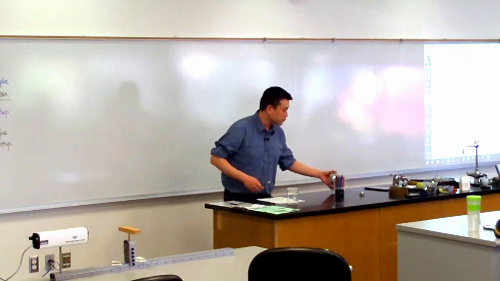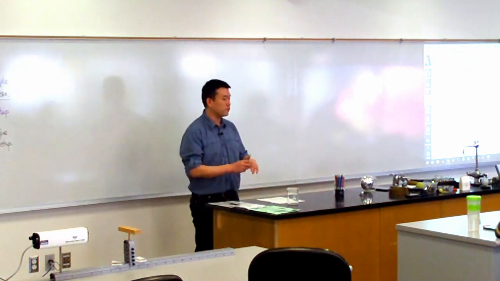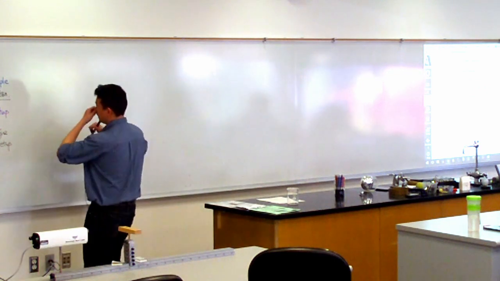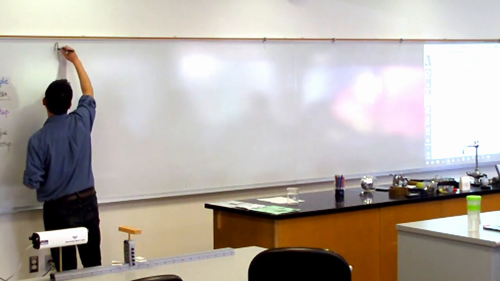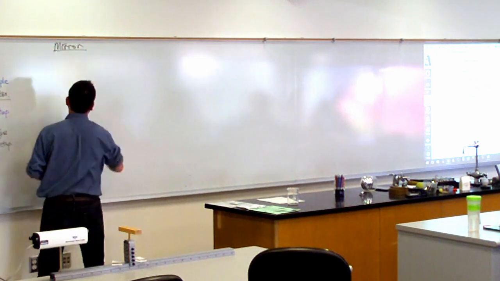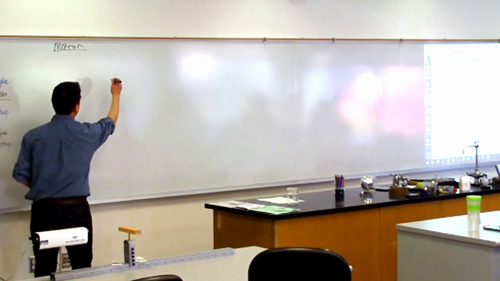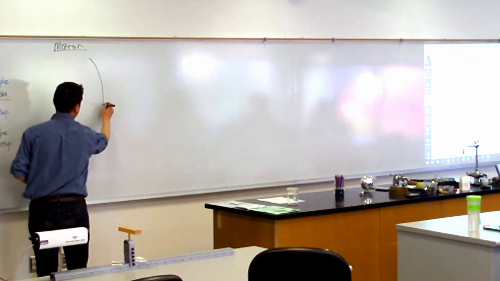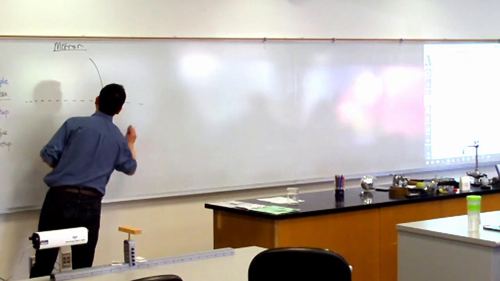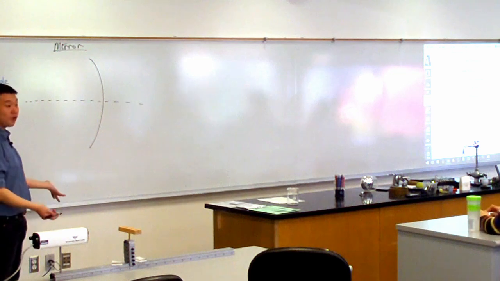So what we are going to do today is look at it from a little bit of a higher level. For example, when we have a mirror setup, let's say I have a curved mirror, and I'm going to assume that somehow I know where the focal point is.